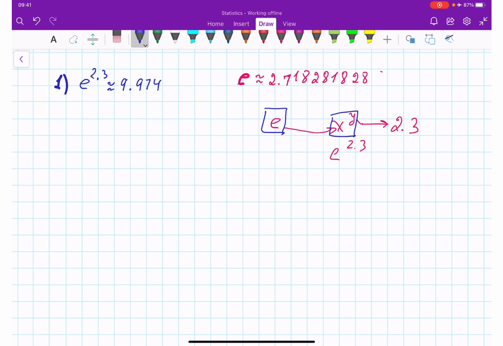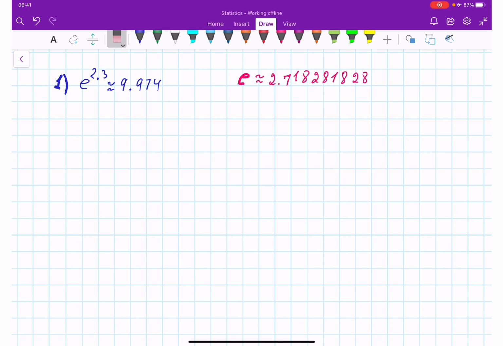Then you use your degree, which is 2.3, and you get 9.974 approximately. Okay, all right, so I'll clean this to get rid of the mess, but the value of e we will keep.